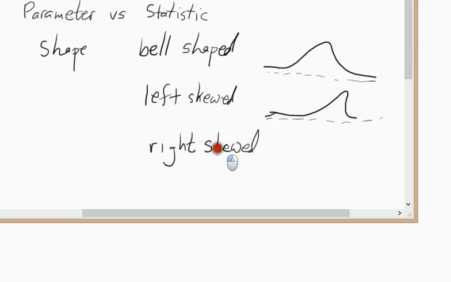And I would continue to not spell skewed right. Skewed right just means the right tail is longer than the left tail. These are all sorts of different shapes you can have, and that shape is just one example of a characteristic of your population or your sample.